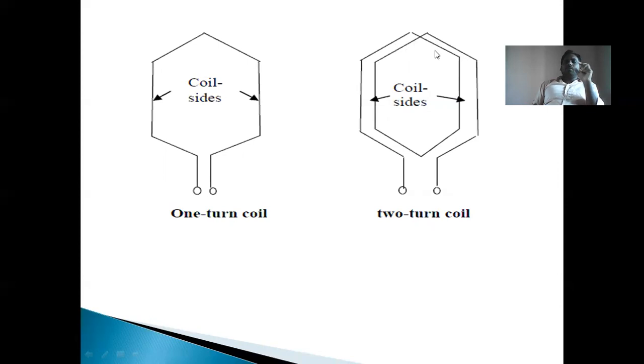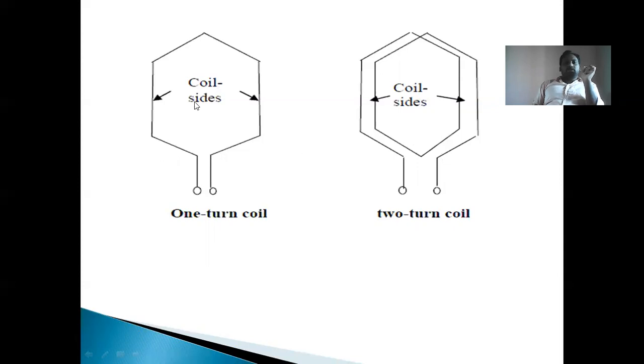Two or more turns connected in series means only one end of a turn is connected to the end of another turn. That is called a series connection. When two turns are connected in series, that forms a coil, or simply a two turn coil.